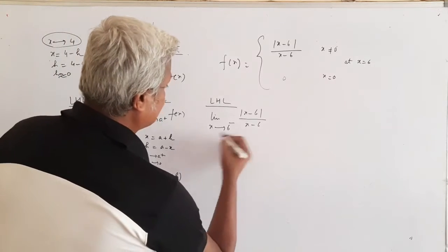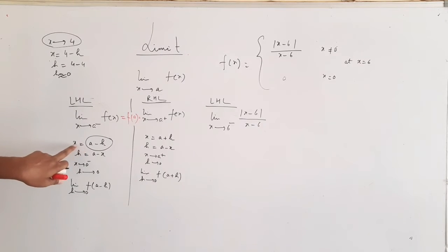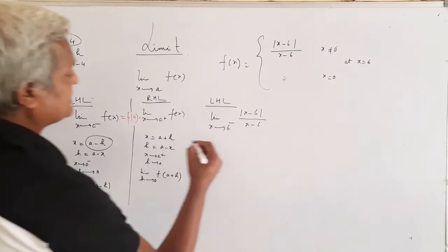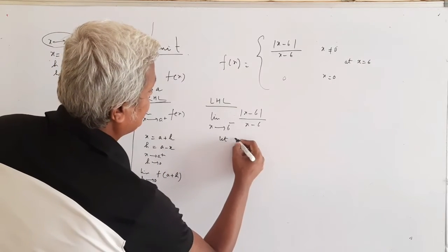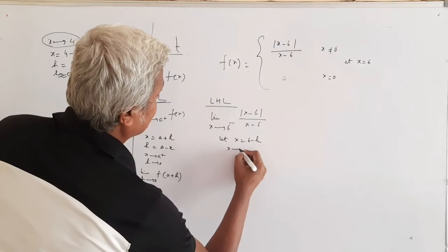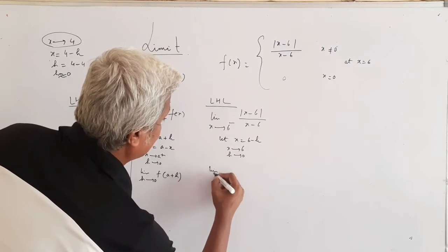So here I put the same idea that I discussed a few minutes before, that x is a minus h, so let x be 6 minus h.